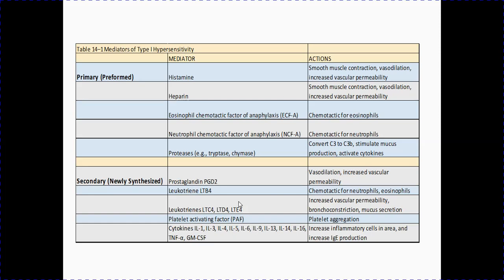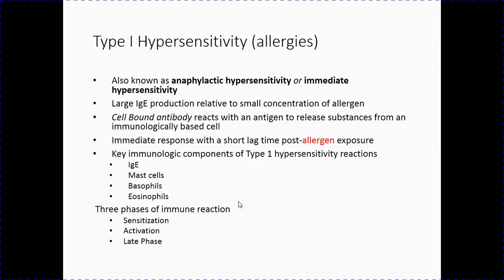Platelet activating factor is also released as a newly synthesized mediator, and it results in platelet aggregation. And then obviously any number of cytokines are also produced by mast cells and basophils that have an impact in increasing inflammation and increasing immunoglobulin IgE.